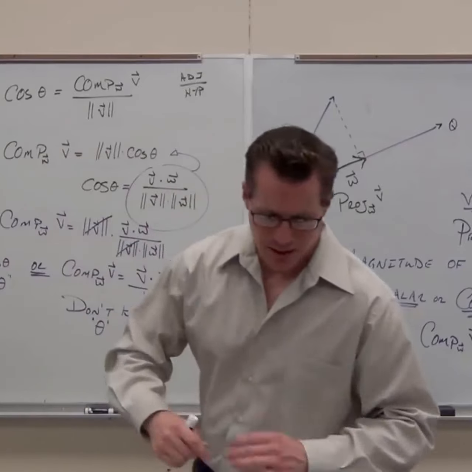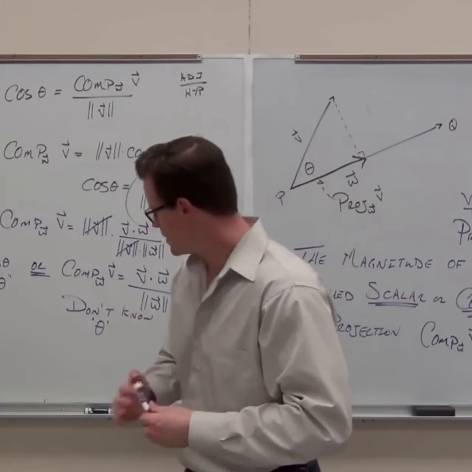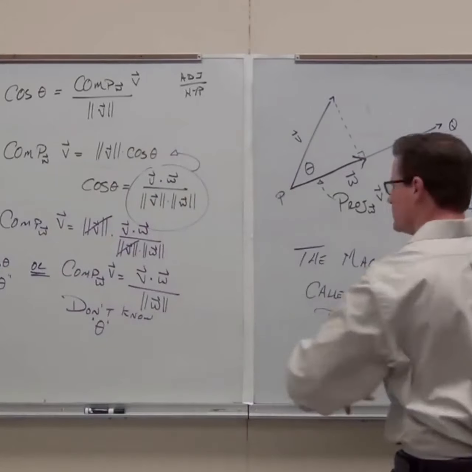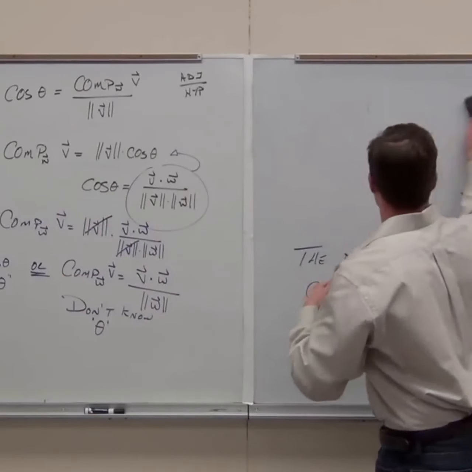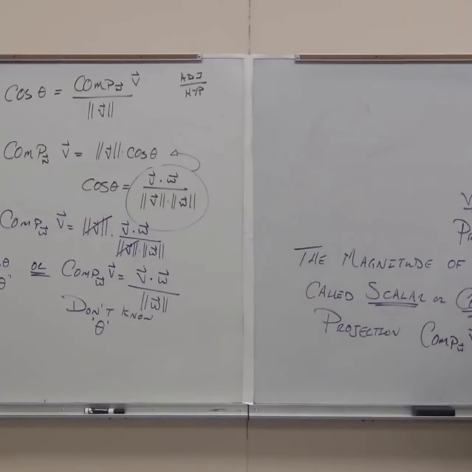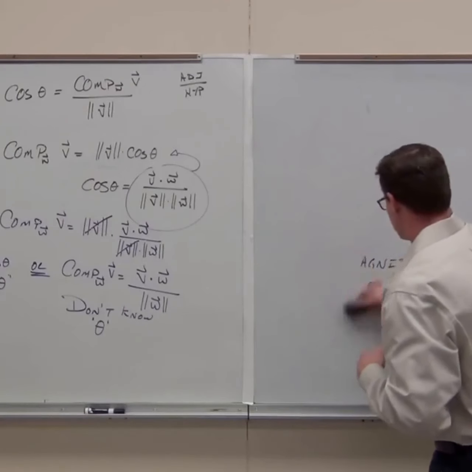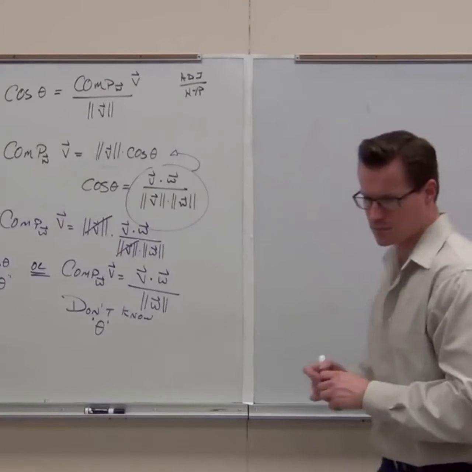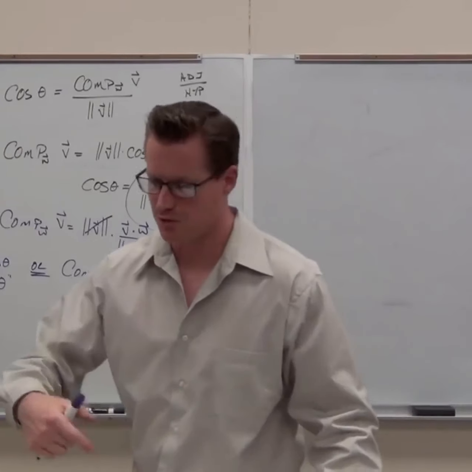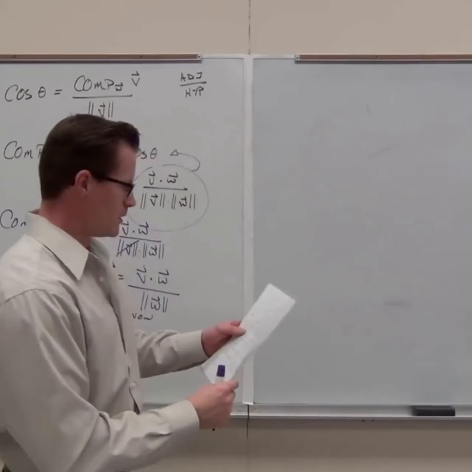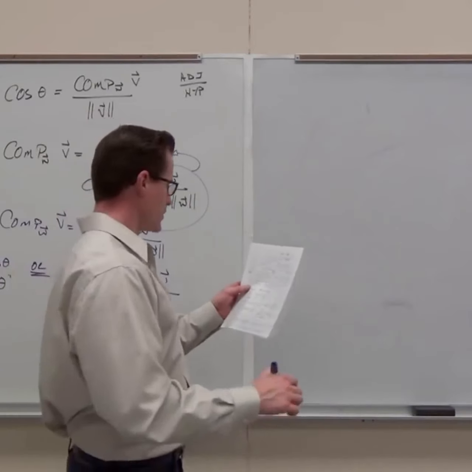Okay. Now, here's what we know. So we're going to continue. We're going to change this one. We're going to get to actual vector projection. And you'll at least have the formulas before you leave today.